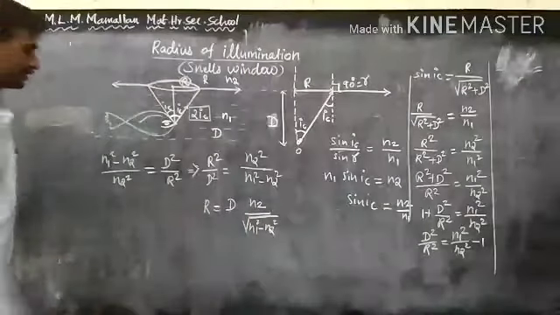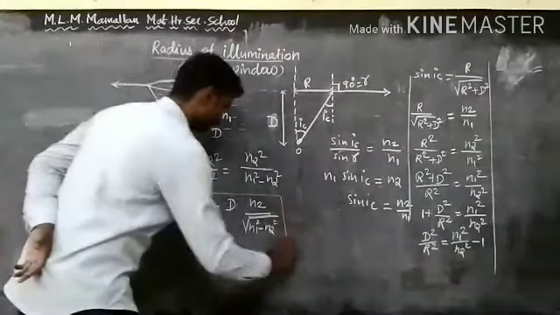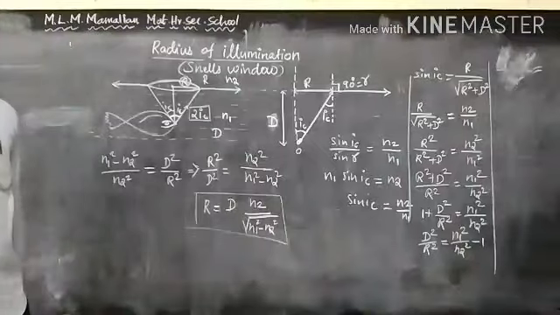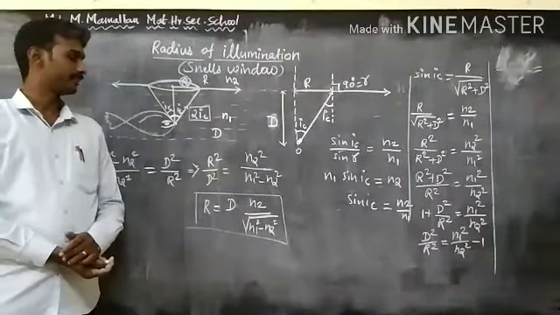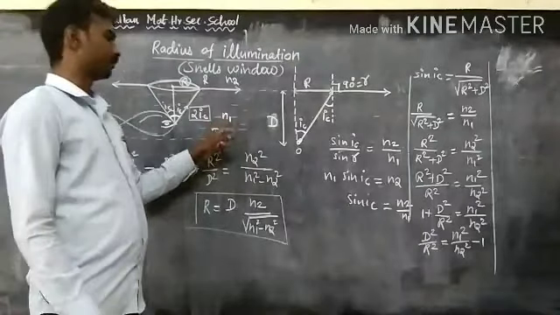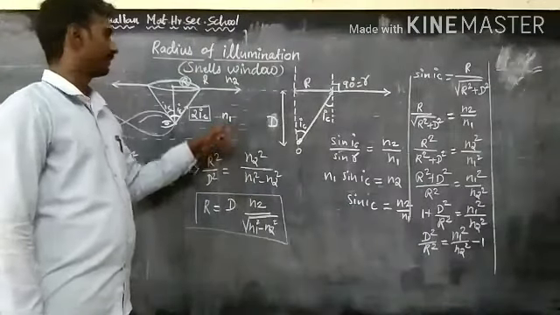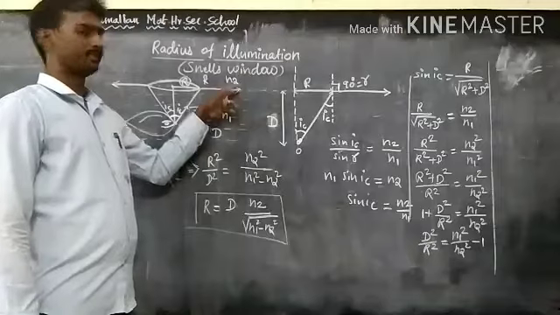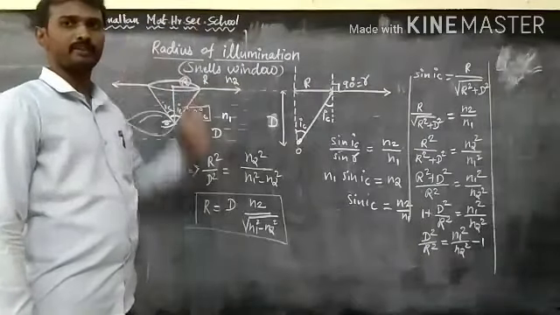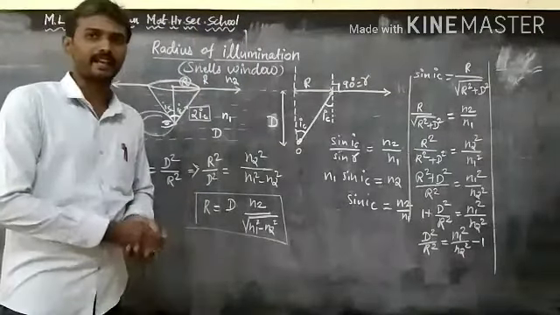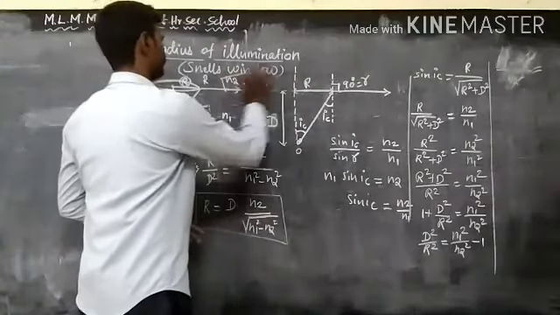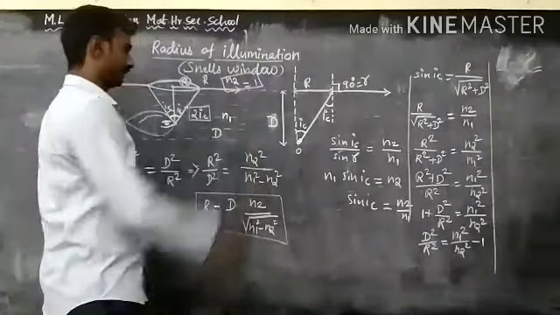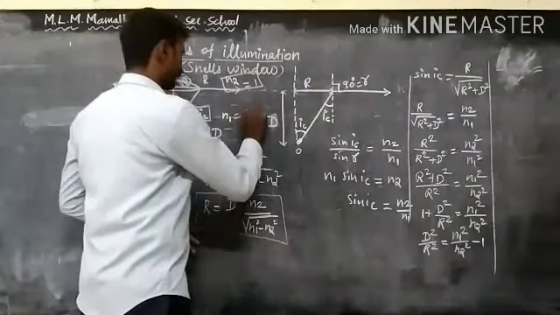Okay, so this is the equation for the radius of illumination, or the radius of Snell's window, in which the first medium N1 is the water medium and the second medium is the rarer medium, air. You know very well that the refractive index of air is equal to 1. So N2 is equal to 1. Then I am going to consider N1 as n.